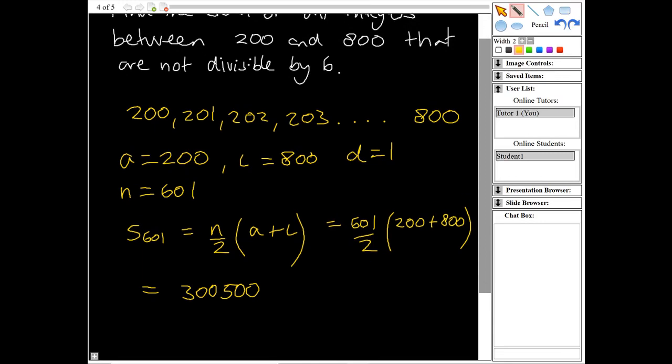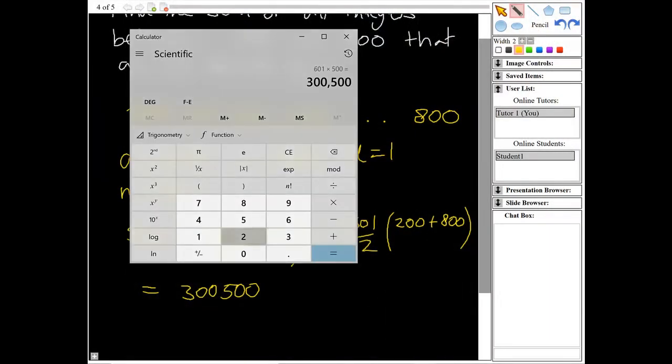So to work out the first number in the 6 times table, if I did 200 divided by 6, I can see that's 33 1/3. So 33 times 6 is 198. So the first number between 200 and 800 that is divisible by 6 is going to be 6 more than that. It's going to be 204.